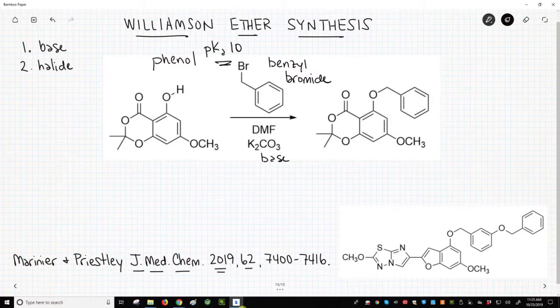So our reaction begins with deprotonation of the phenol oxygen with carbonate, our base, and that gives us our O- species.